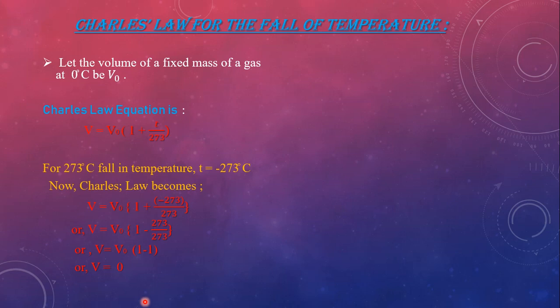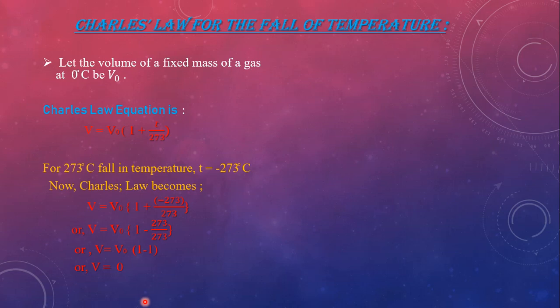That's what Charles' law is telling us. Okay? But in reality, does it really happen? Just think about yourself. Can the volume be zero? Where will all the atoms go? Where will all the molecules go? Can they be destroyed? No, they cannot be.